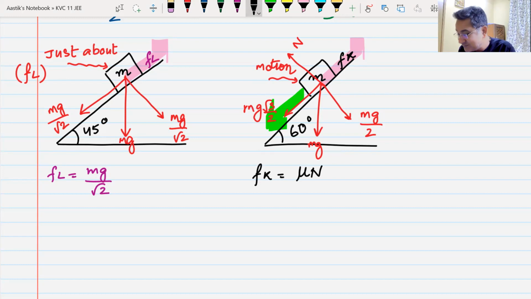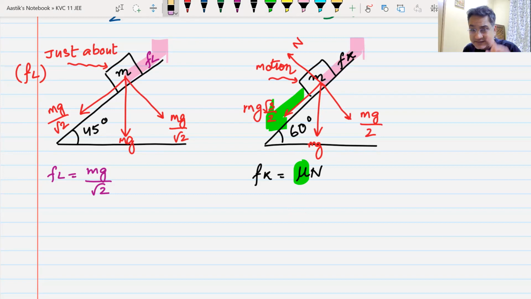√3 mg, sir. Value of mu is how much? Sir, √3. Sir, the value of mu is 1 by root 2, my dear friends. 1 by root 2 or 1?